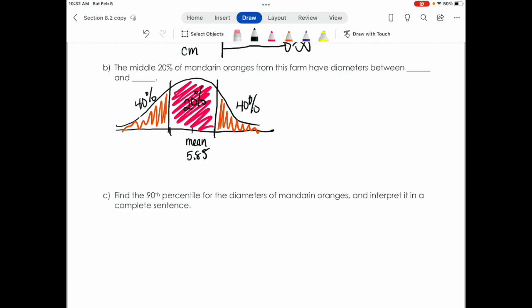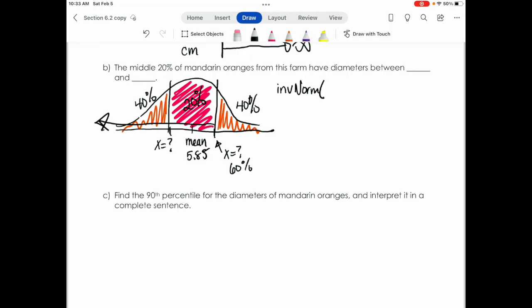So if I take 100 minus 20, that gives me 80% in total in those two orange areas on each side. So then when I take 80% and split it in two to see what's in each orange piece, that's 40%. So I can find this X value by finding the 40th percentile, and then I can find this X value by finding the 60th percentile, because from here over would be 60%.